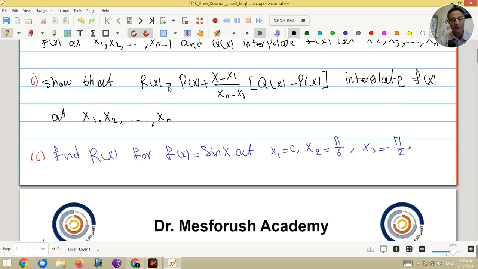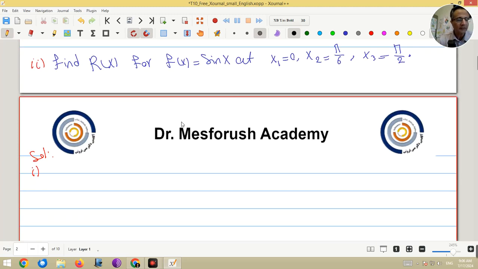But the critical point is at x1 and at xn. So we have to investigate these two special cases separately, and finally we can conclude our desired result. Okay, let me try to solve the problem.